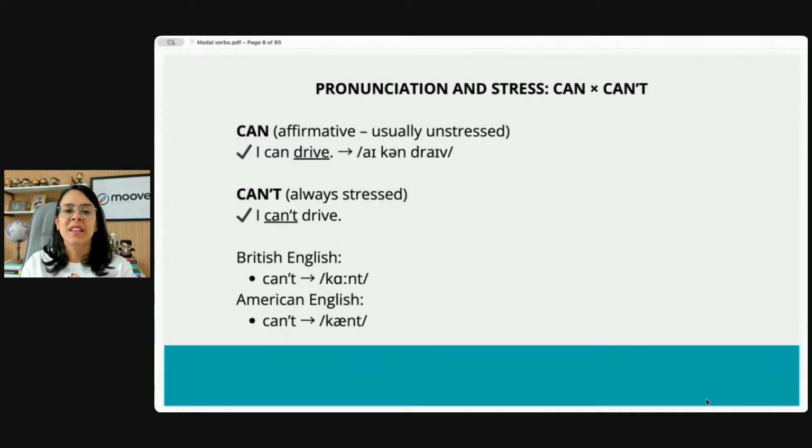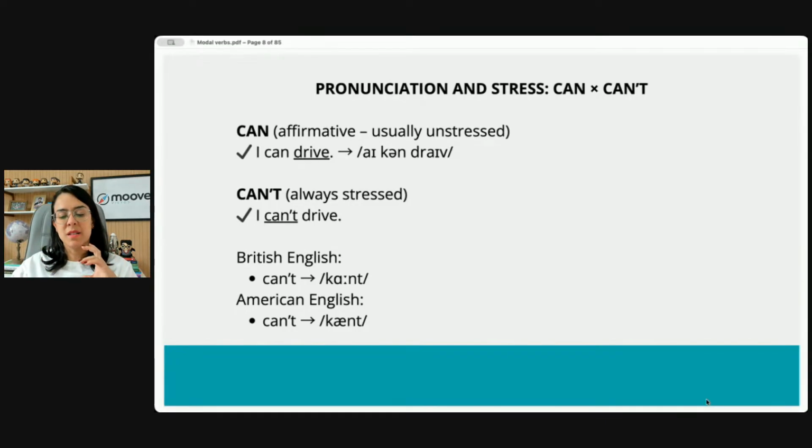However, when we have a negative sentence, we have to stress can't. We don't pronounce the T, but we know the sentence is in the negative form because we emphasize the structure. So for example, I can't drive. I can drive. I can't drive.